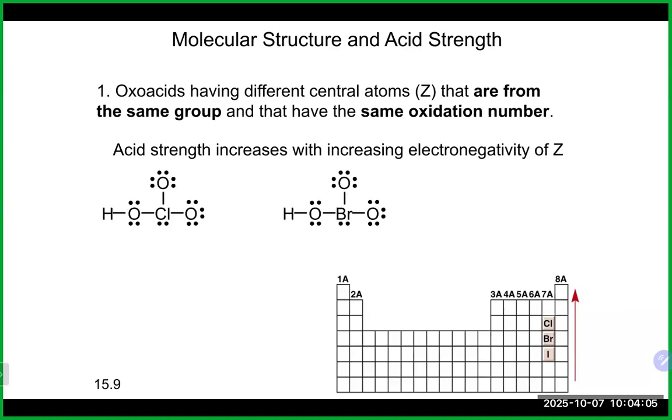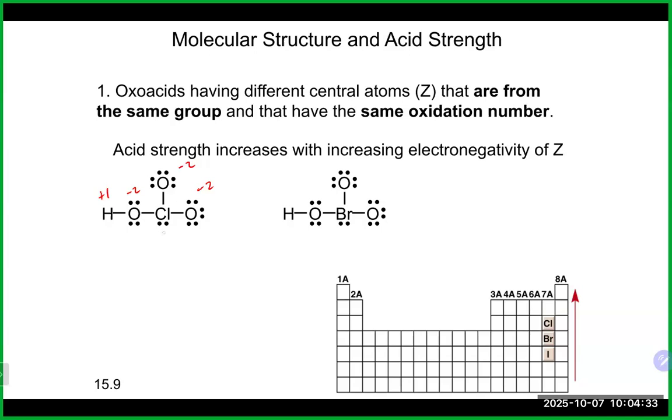Now, if we have an oxyacid where the central atoms are from the same group and have the same oxidation numbers. When we assign oxidation numbers, which you might remember how to do, oxygen is a really good place to start. Oxygen is -2, -2, -2. Hydrogen is +1. So if we add all that up, -2, -2, -2 is -6, and +1 is -5.